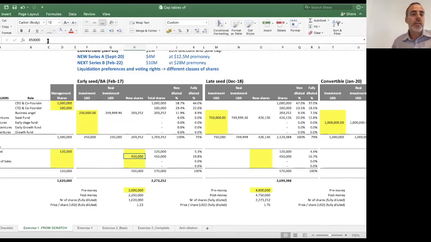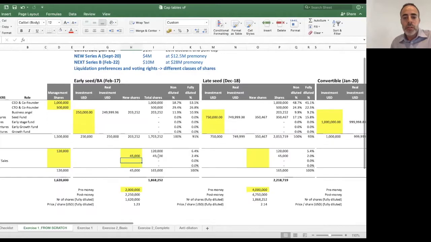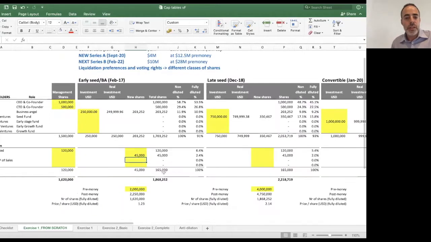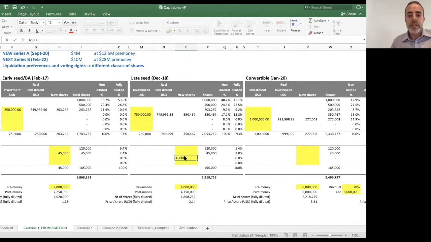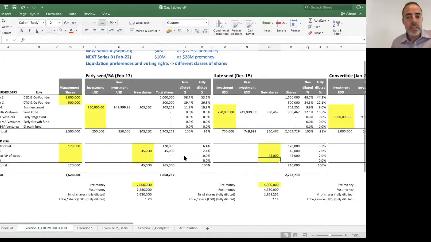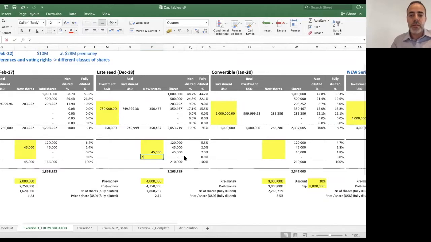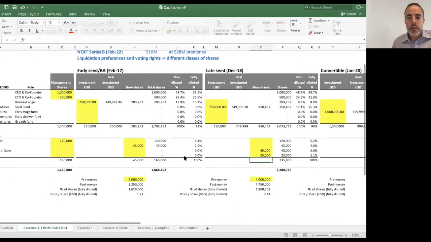45,000 stock options here. You can see that is coming out of the unallocated pool, so the number of stock options is not changing. Here I can add maybe somebody else, and then I hire a COO as well, and I give him 25,000.